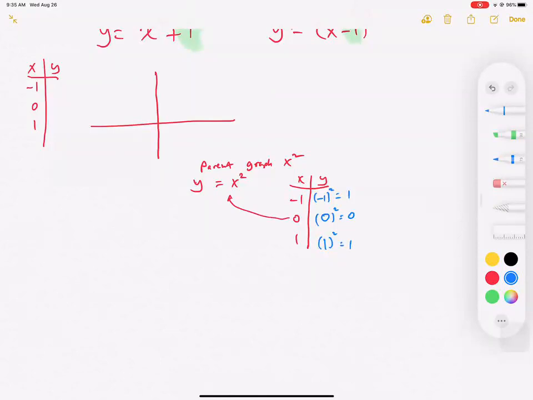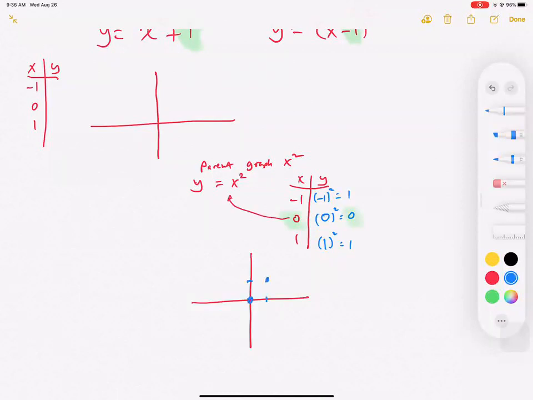And when I graph this graph, our graph is going to be when x is 0, y is 0. When x is 1, y is 1.